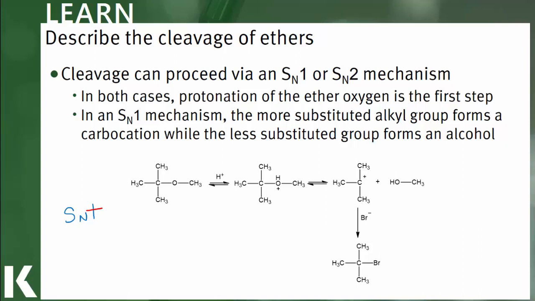Here, the strong acid in the reaction conditions provides a source of hydrogen ions, which will protonate the oxygen to give us a good leaving group, allowing for half of the ether group to break off to give us methanol. Then the nucleophilic bromide ion can attack the positively charged electrophilic carbon, resulting in tert-butyl bromide.